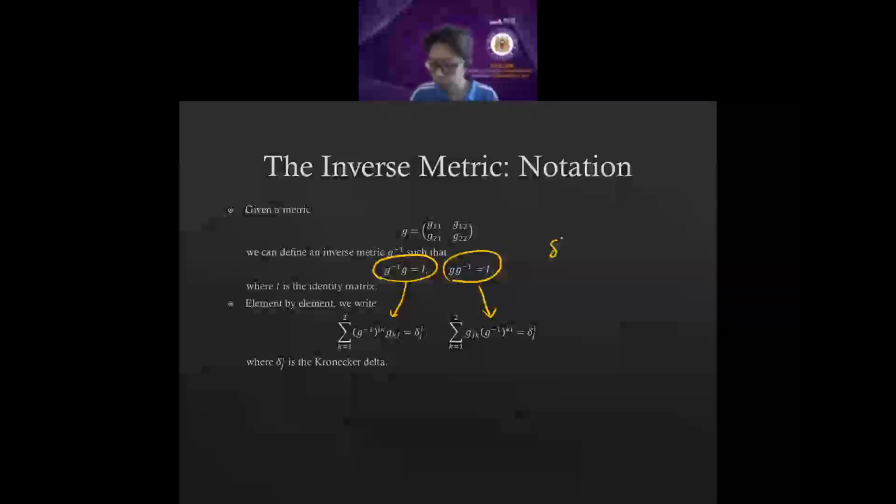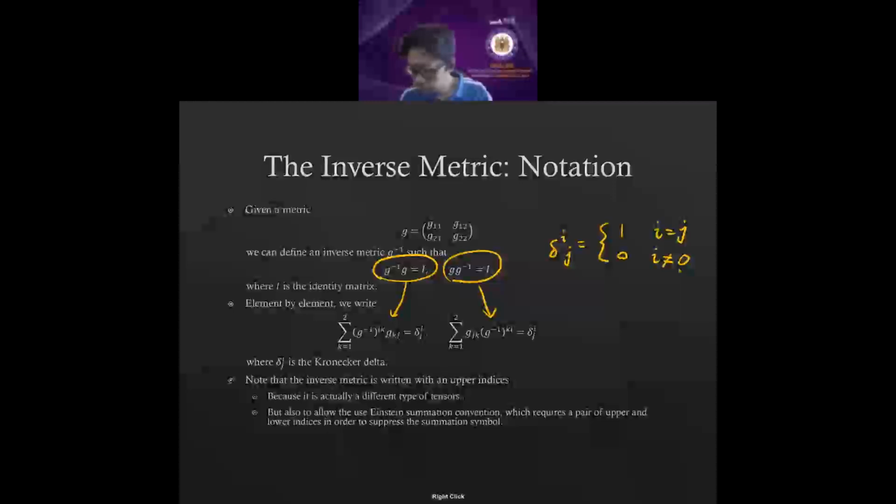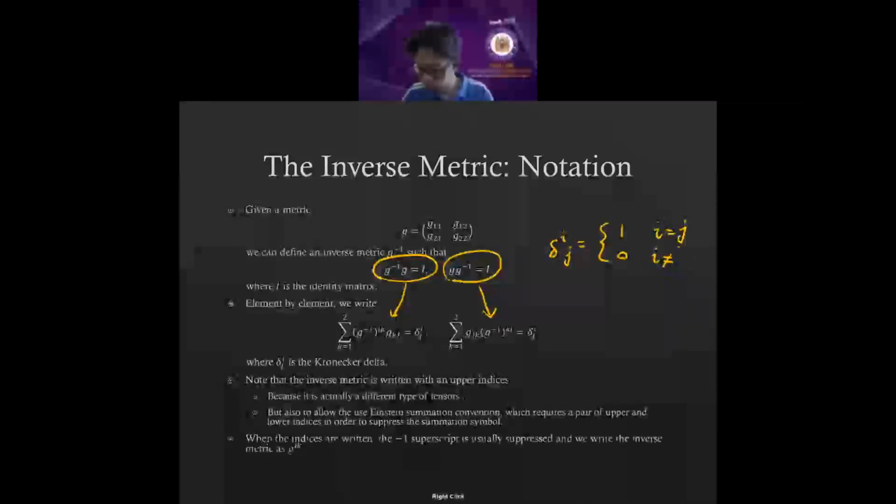You might want to recall that the Kronecker delta is, by definition, equal to 1 when i equals j, and it is equal to 0 when i is not equal to j.